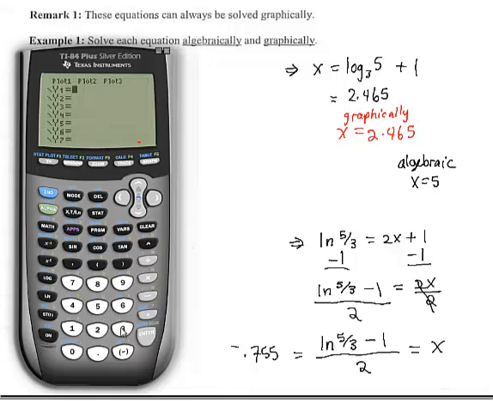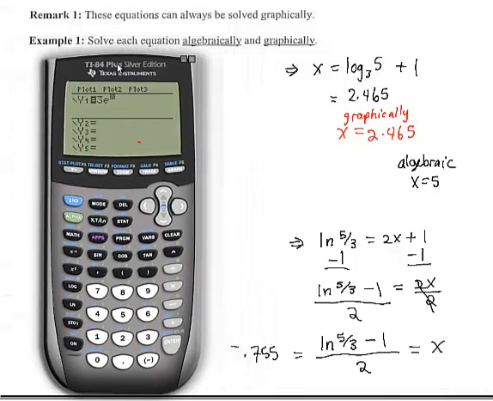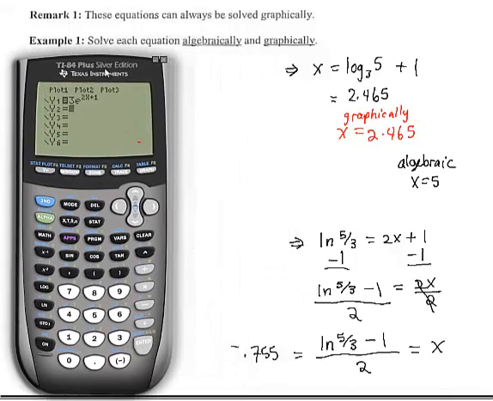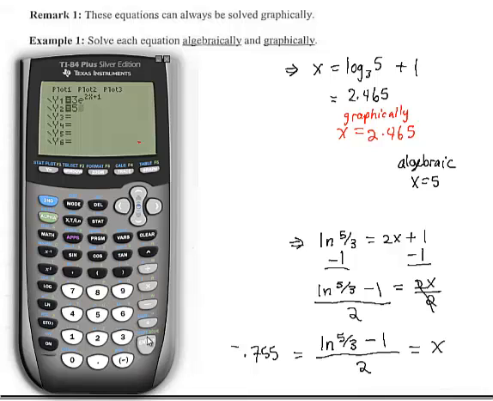And then on the left we have 3 times the natural exponential, and our expression is 2x plus 1, enter. And then on the right side we have 5. And we enter those into our y editor on 2 separate lines.